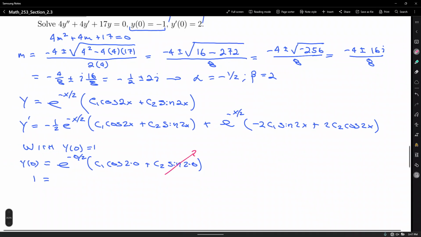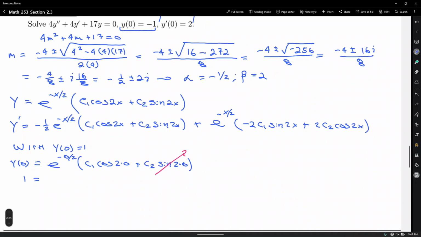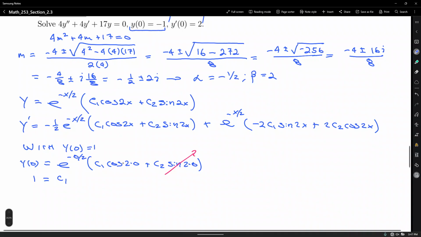Sine of 2 times 0 is 0, and that leaves us only with c1 cosine of 2 times 0, which is cosine of 0, which is 1, and 1 times c1 is simply c1. Oh, actually this is negative 1. Let me indicate this goes to 0, this goes to 1, so we can justify our final result here.